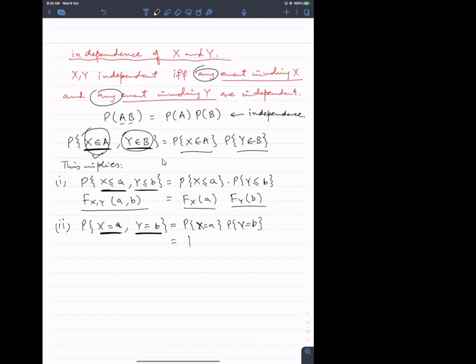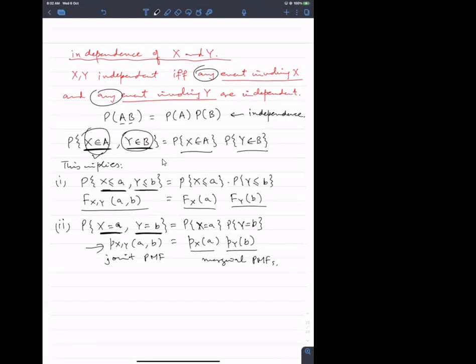So this is equal to pX(a) pY(b), and on the left we have pXY(a, b). So these are the marginal PMFs, and this is the joint PMF. You can see that the joint PMF is the product of the marginal PMFs. Not always true. If X and Y are not independent, then this will not happen.